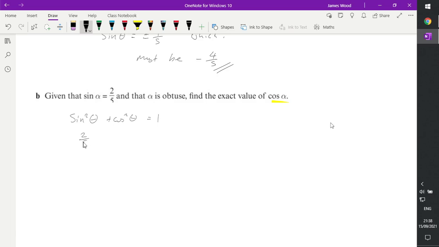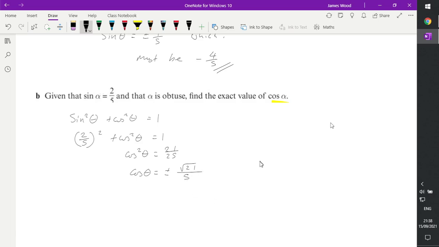So that means that 2/5 squared plus cos squared theta is 1. So cos squared theta is going to be 1 minus 2/5 squared. So that's 1 minus 4 over 25. So that's 21 over 25. Now when I square root it, I'm going to get a plus or minus root 21 over 5.